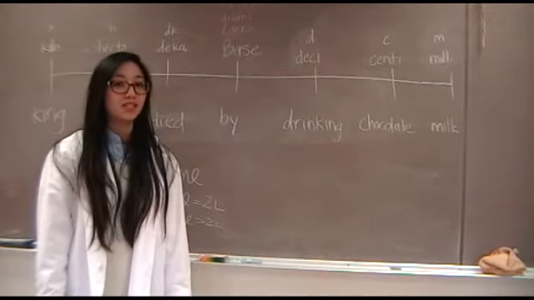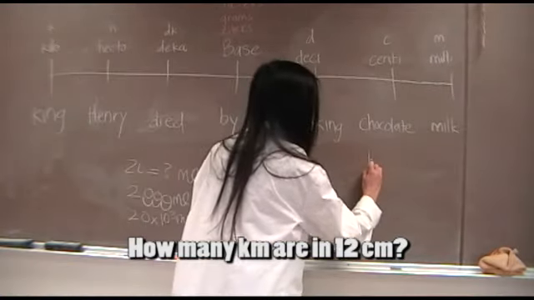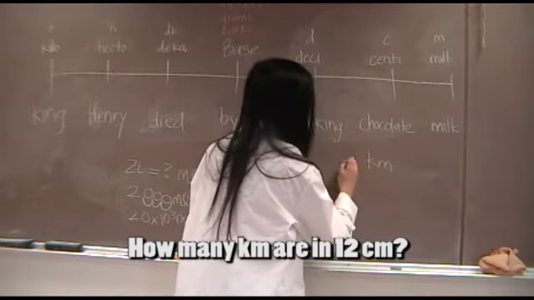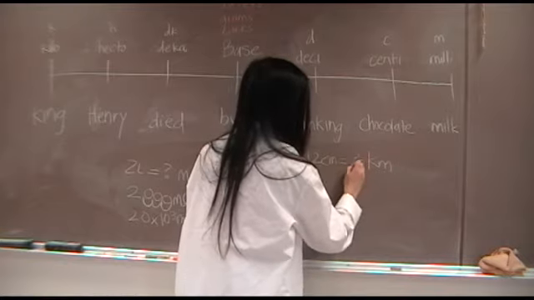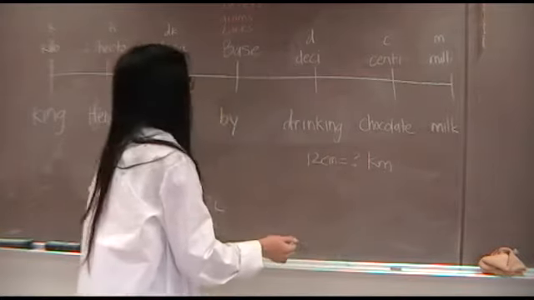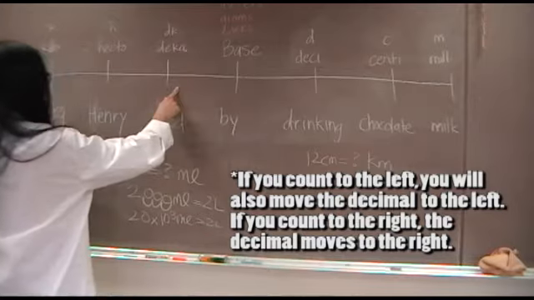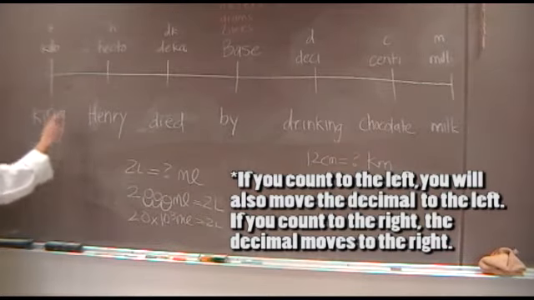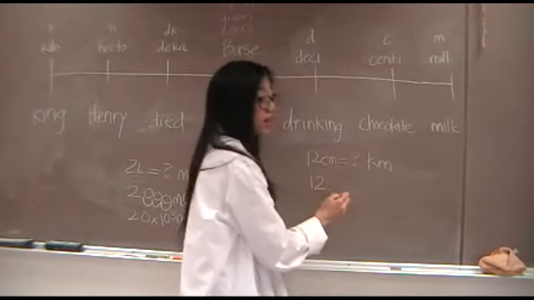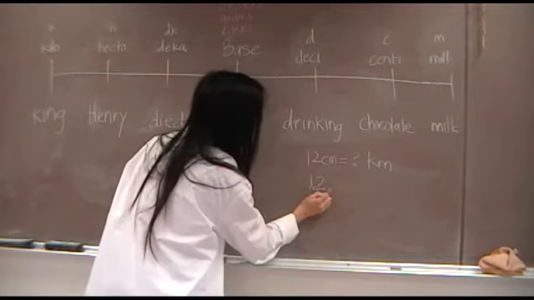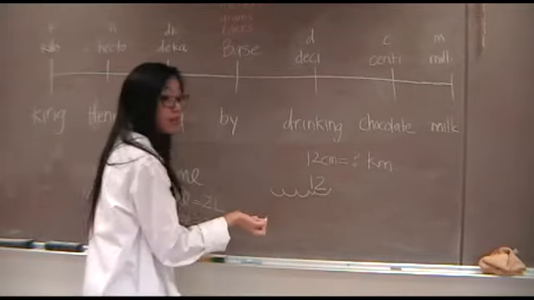So this works going in the opposite direction. Let's say we want to figure out how many kilometers are in 12 centimeters. Well, let's look at our chart. Let's start at centimeters and work our way to kilometers. It is 1, 2, 3, 4, 5 spaces away. So that means we would take our decimal point and move it 5 spaces to the left. Then we'd fill in our zeros.